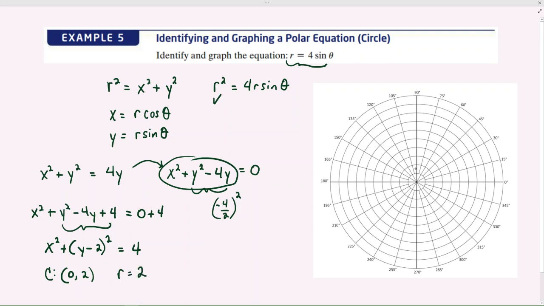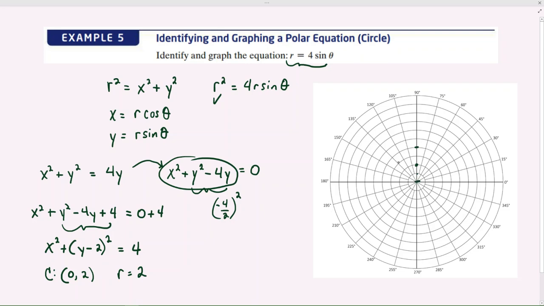So it's not quite as easy to plot this on a rectangular coordinate system, but since we've got this polar coordinate system, we know that the circle is centered at 0, 2. So that would take us up 2 units. And then the radius is 2, so if I go up 2 units, I've got the top of the circle here, the bottom of the circle here.